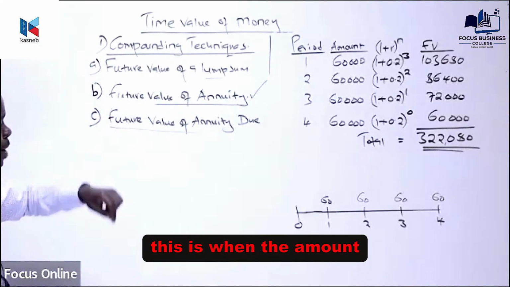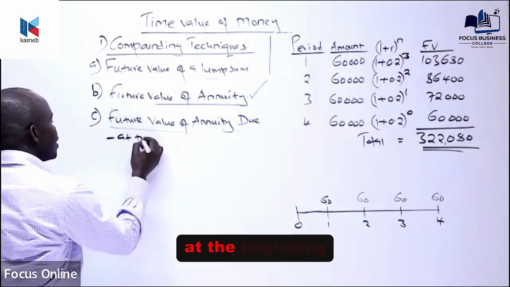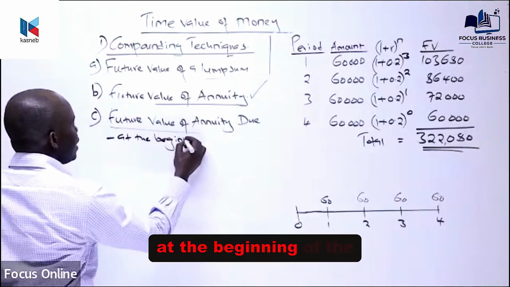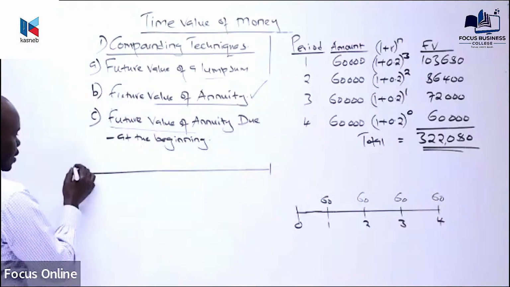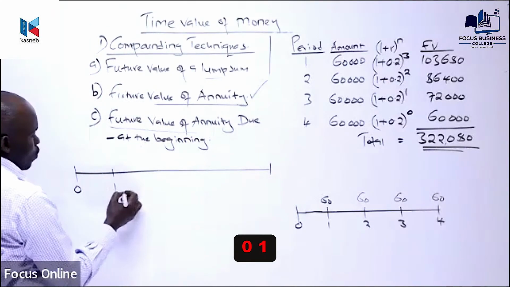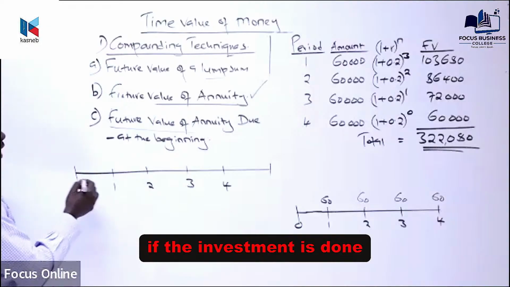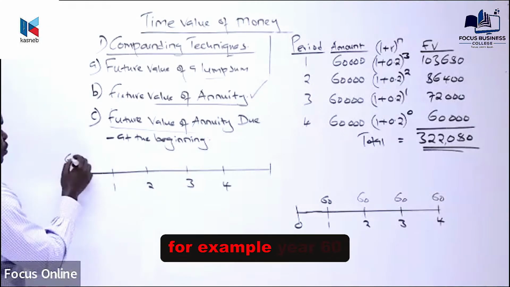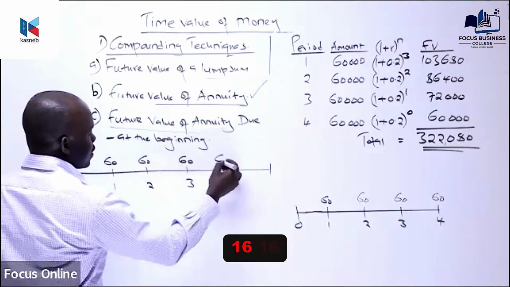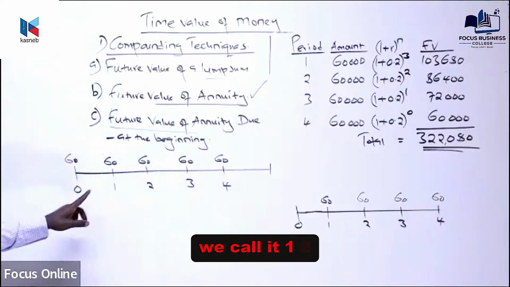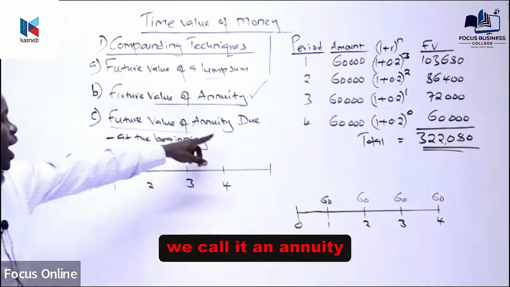This is when the amount is invested or paid at the beginning of the year. For example, here 0, 1, 2, 3, 4. If the investment is done at the beginning of the year, with 60, 60, 60, 60, we call it an annuity due.